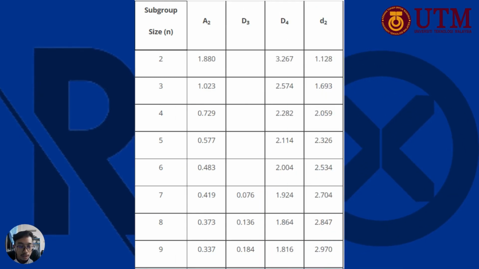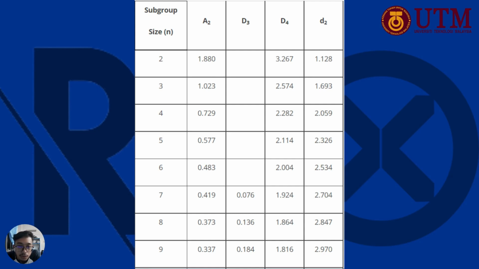The A2, D3 and D4 values are obtained from the table, which we refer to by the subgroup size. As an example, for subgroup size 7, the A2 value is 0.419, D3 is 0.076, and D4 is 1.924.